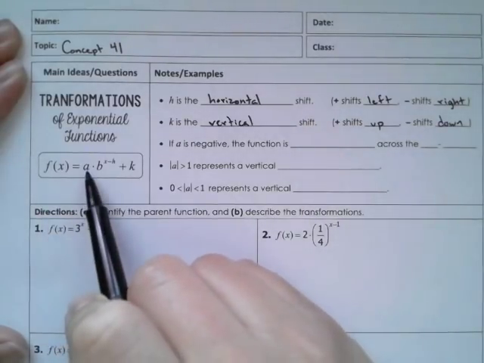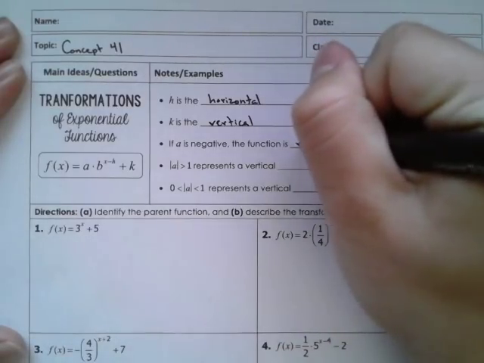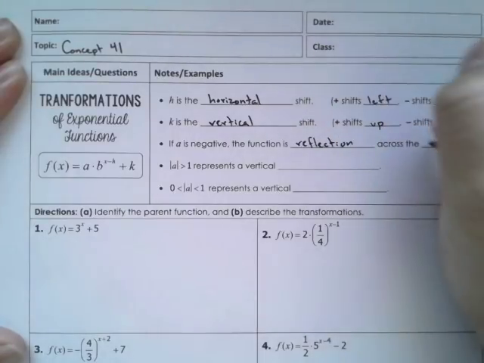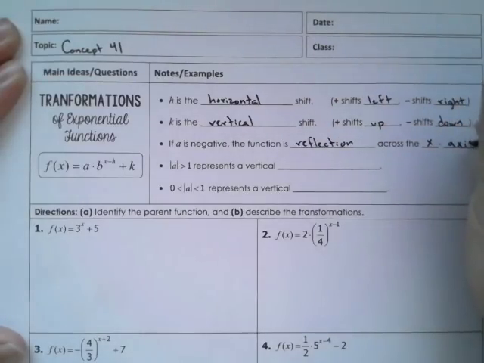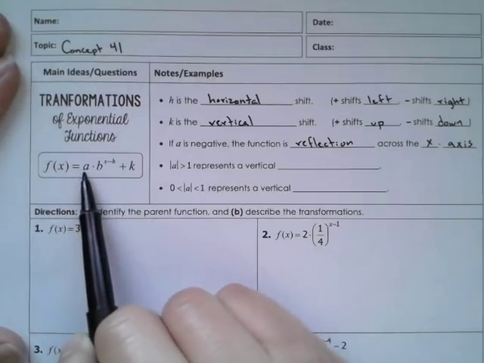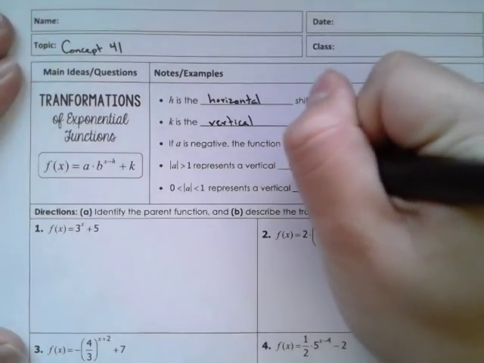If a, the value in front, is negative, the function is a reflection across the x-axis. If the absolute value of a, the value in the front here, is greater than 1, then it represents a vertical stretch.